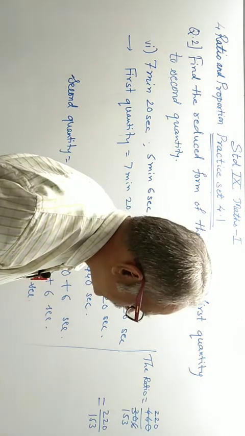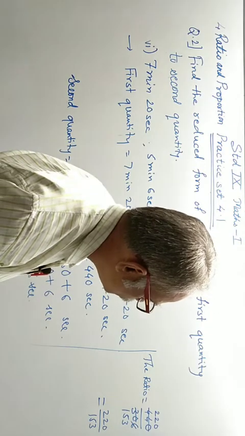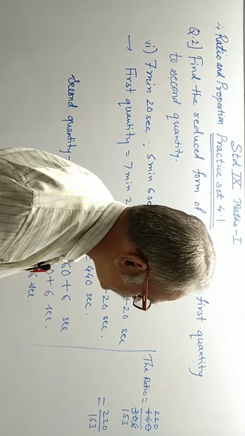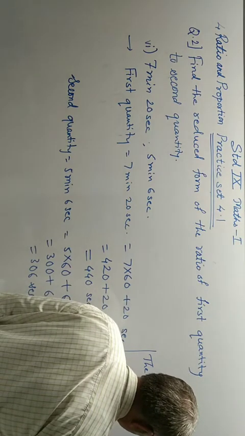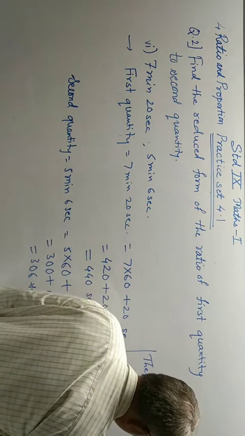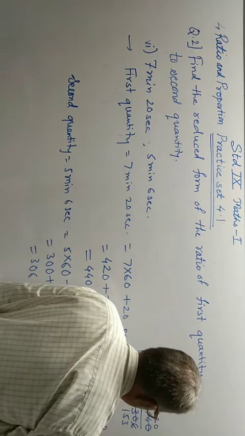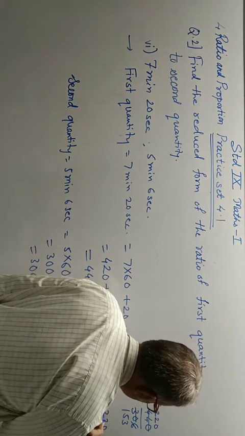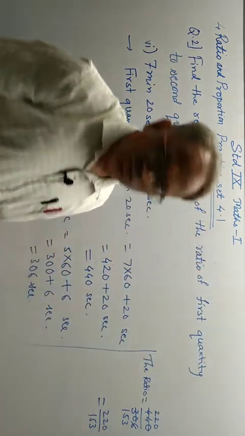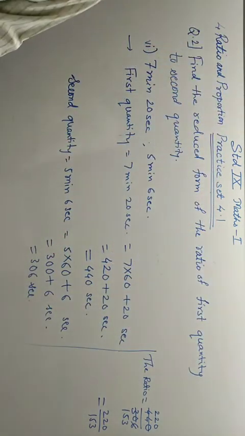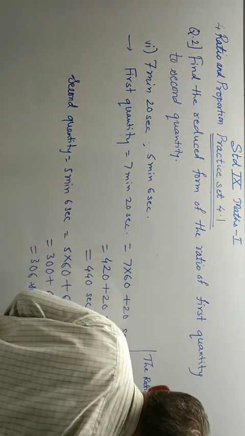So we are not getting another common factor. If we factorize 153, we get 3 into 3 into 17. 220 is not divisible by 3, not by 17, not by 9. The numerator is not divisible by the number by which the denominator is divisible. So this is the answer, 220 is to 153.